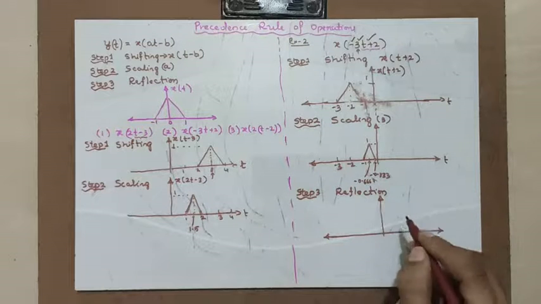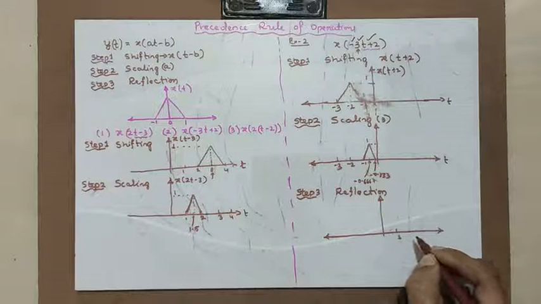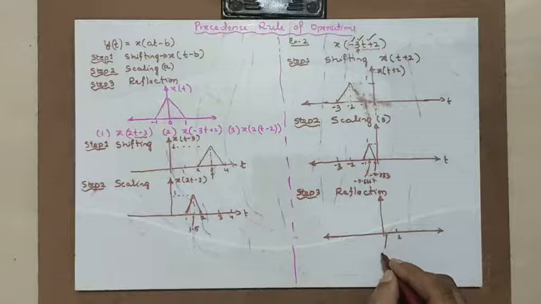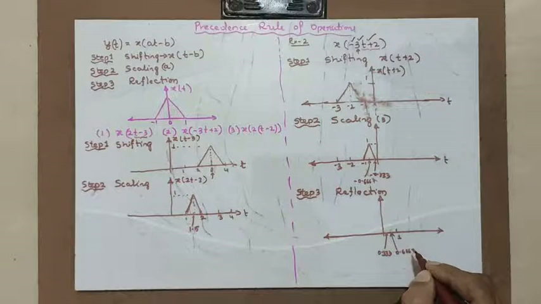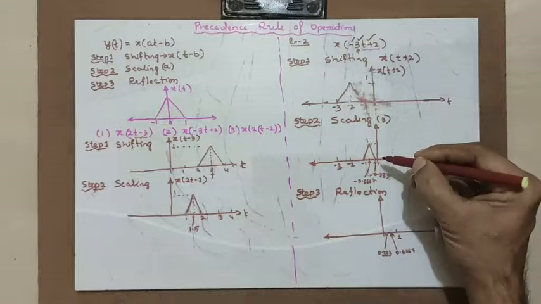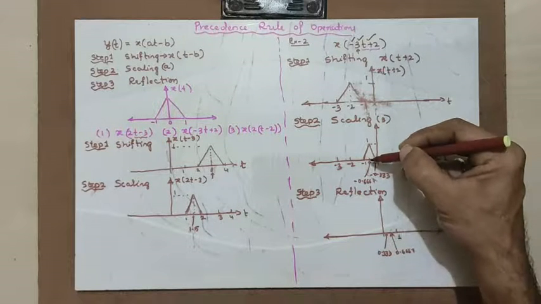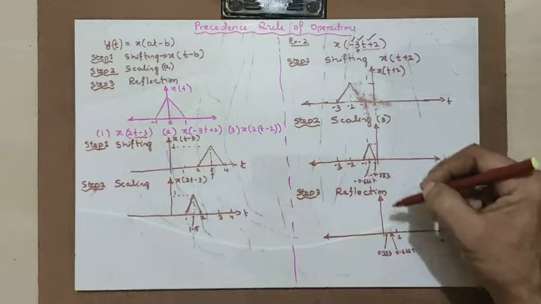Actually, minus 0.33 was there. See, now with the same scaling you draw, this is plus 1, plus 1, and this point is 0.333. This point is 0.6667. What happens? This minus 0.33 point goes to plus 0.33 point, minus 0.6667 goes to plus 0.667, minus 1 goes to plus 1.